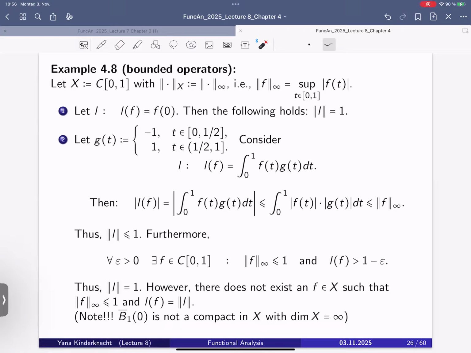But this closed unit ball is not compact, and we should not expect that the supremum in the definition of operator norm or norm in functional analysis is actually attained on some element. In one case it was attained, in this case it is not attained.